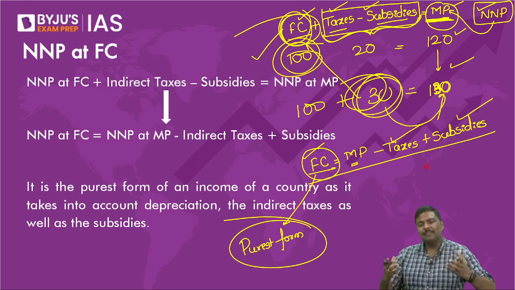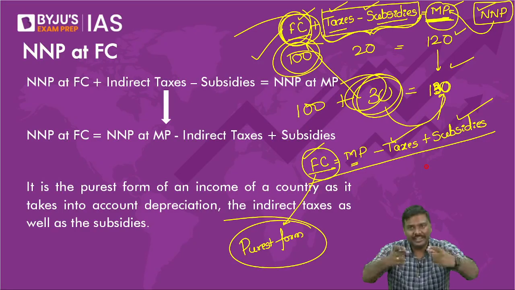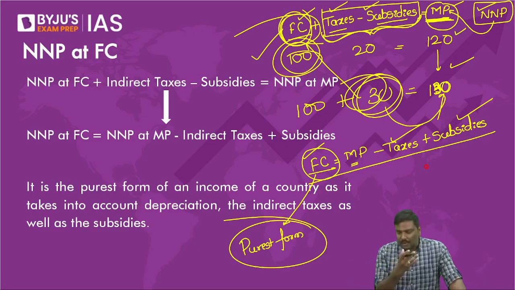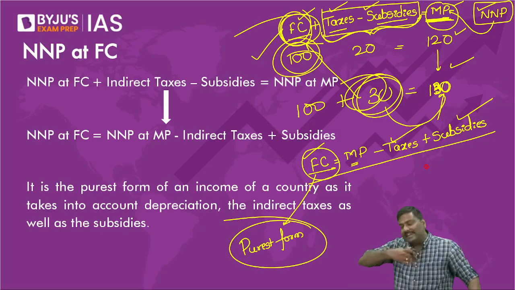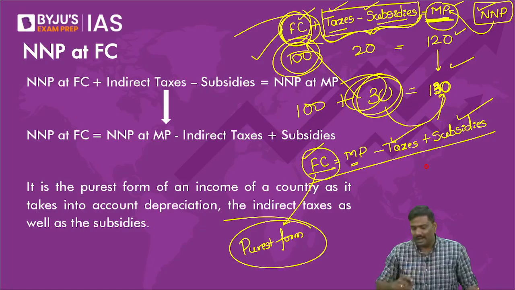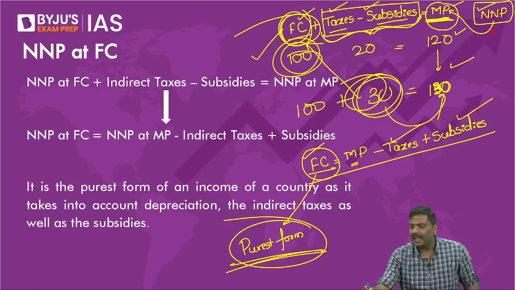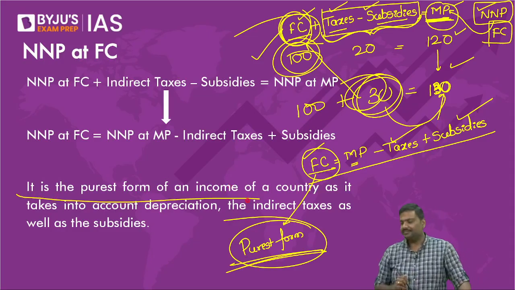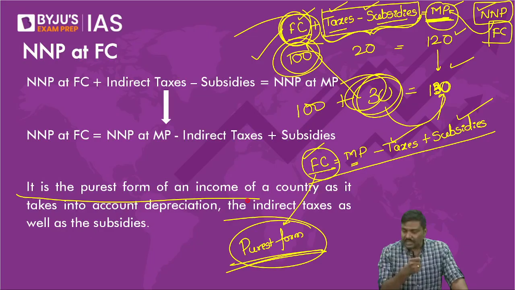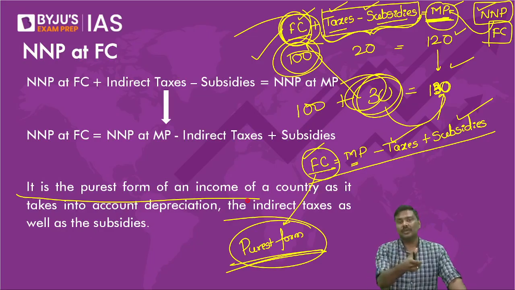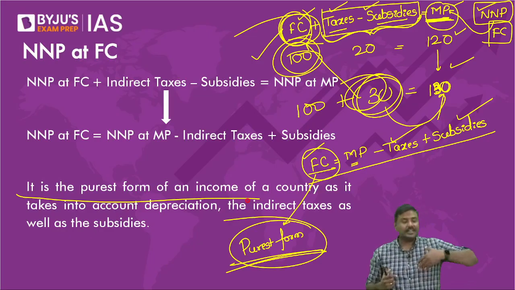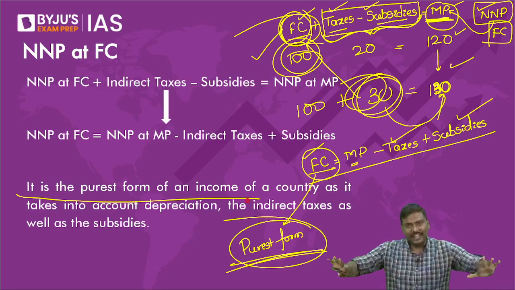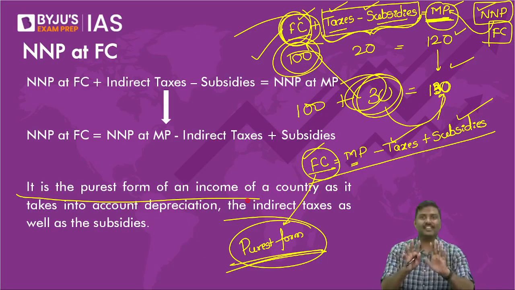Don't you think that is the purest form of income that we can calculate for India? Is it okay? This is the purest form of income that we can calculate for India. That is NNP at factor cost. I've written that here. Have a look at this. It's the purest form of income that we can calculate for India. This is the discussion regarding NNP at factor cost. And done. These are the indicators which are there in the newspapers.